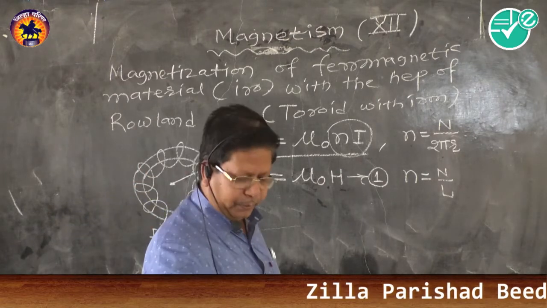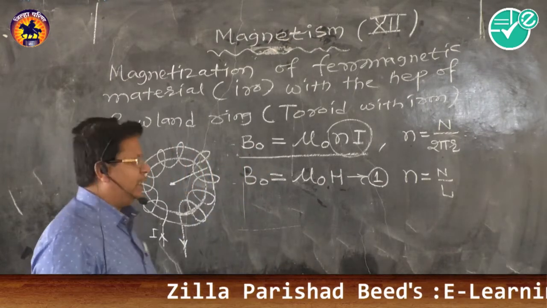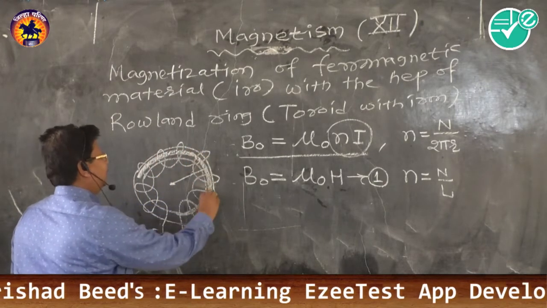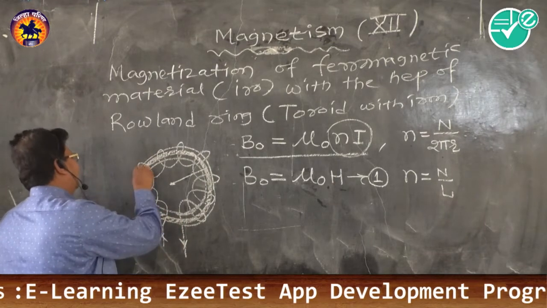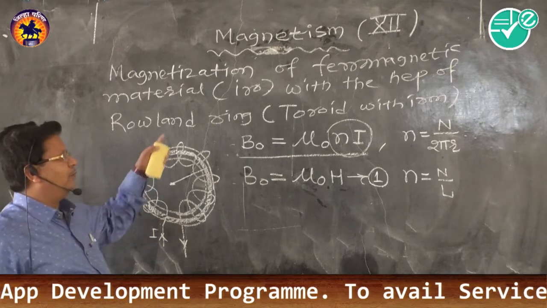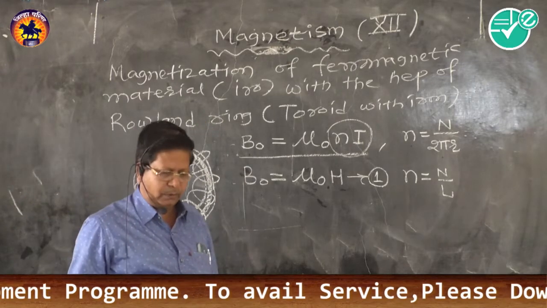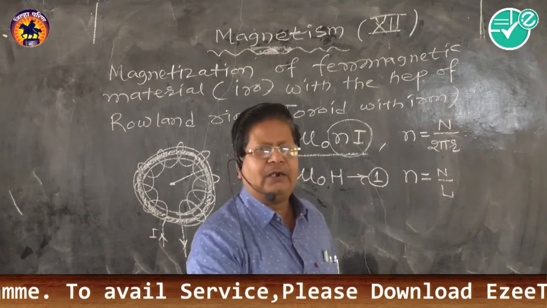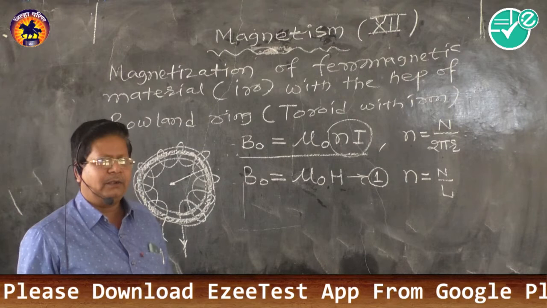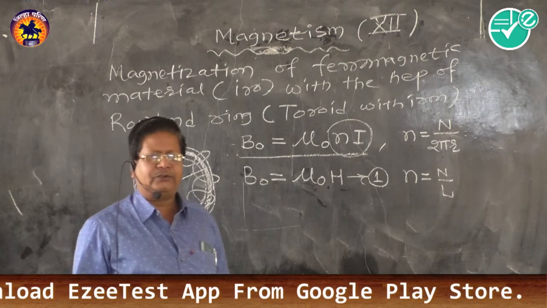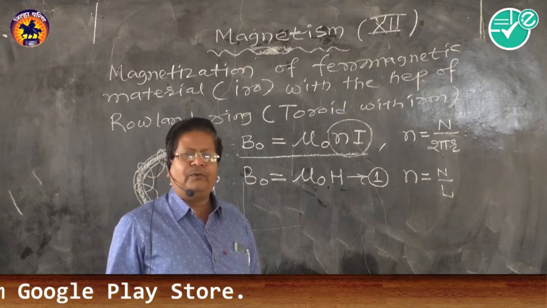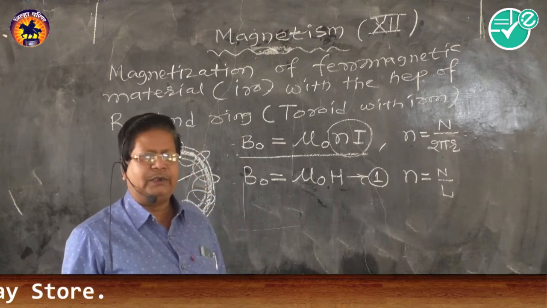Now, if an iron core is inserted inside this toroid, then this toroid becomes a Rowland ring. That means it is a toroid with iron core. As the iron core is inserted in the toroid, the total magnetic induction along the axis of the toroid with iron core goes on increasing.